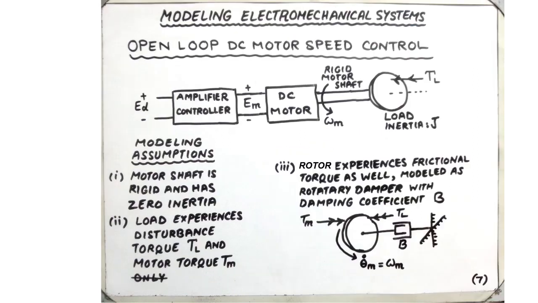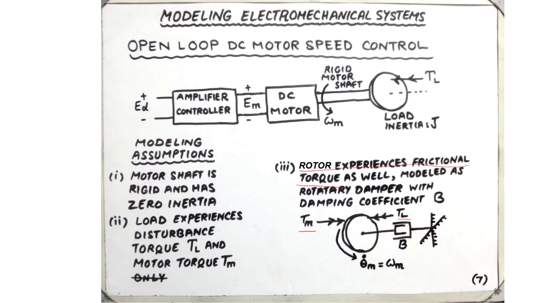The other assumption going into our model is that Tm and TL are not the only torques which are applied to the load in our electromechanical system. In fact, there is some friction, the frictional torque, that is being experienced by the rotor.